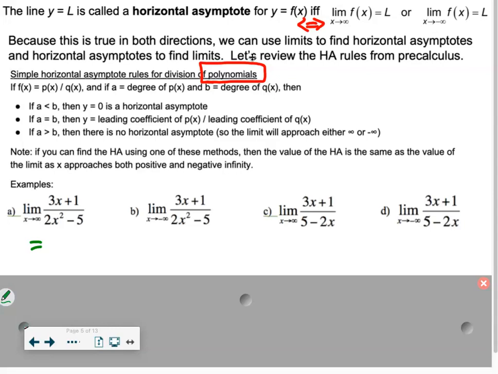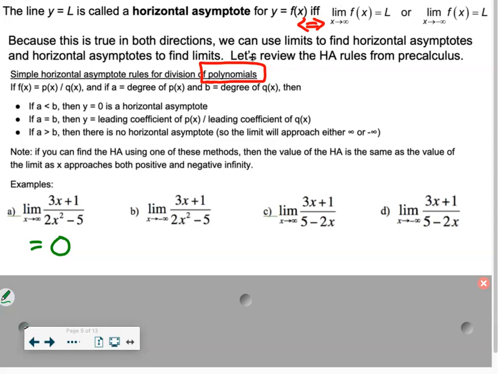Sweet Ian, how are you doing? Okay. What did your group get for the first limit? 0? Why 0? Okay, what is A? What's the degree of the top? That's the leading coefficient. It's 1. No, good. That's good. See? Self-correcting. That's great.